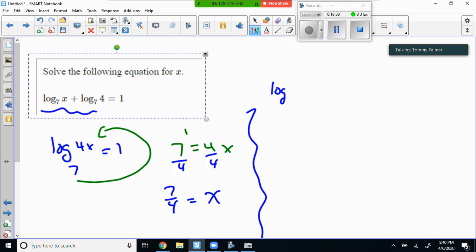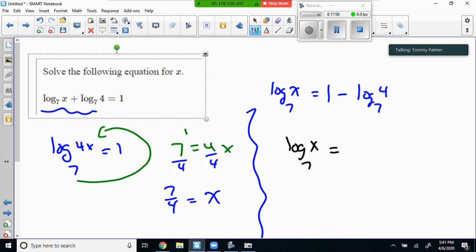Let's take log 7 to the x. Let's move this log 7 to the 4th over. If I do that, this is what I get, right? So what I'm going to end up doing is I'm going to do 1 minus that log, right?